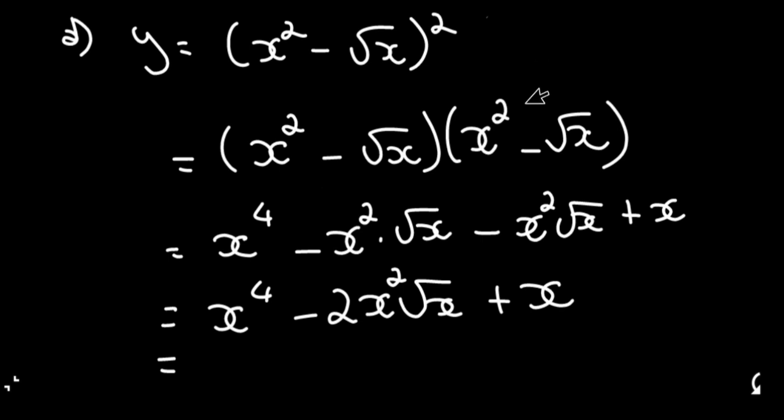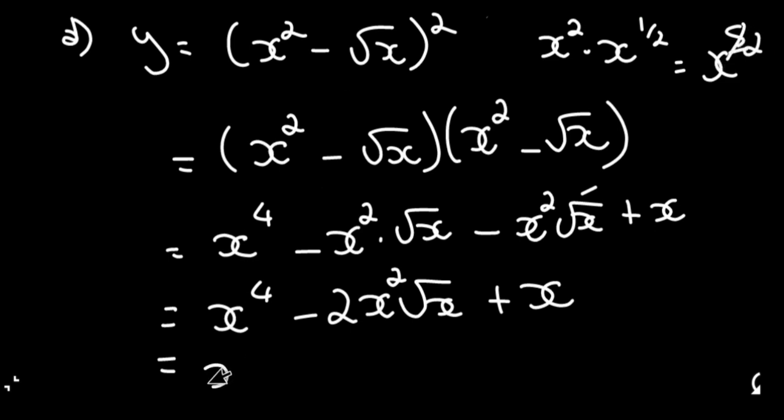So to change this one, let me simplify this step on a side. So it's gonna be x squared times x to the power of half. When you multiply same bases, you simply add the exponent. 2 plus half, you're gonna get 5 all over 2. So it's gonna be x to the power of 5 all over 2.